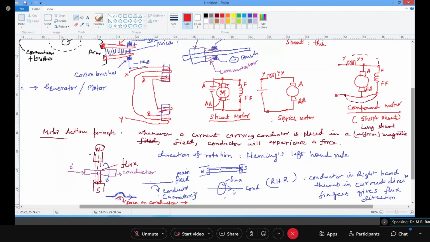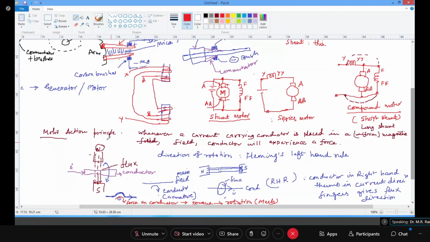So it produces a torque, and that is the rotation. Motor means converting. Now you have converted your electric energy into rotation, which is mechanical energy. Understood? So this is how the torque is produced.